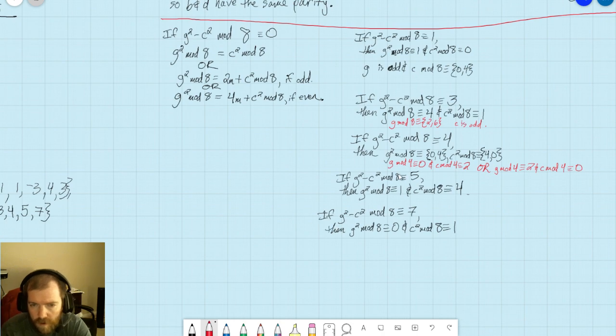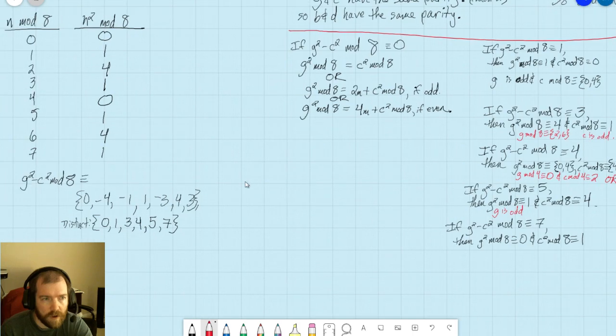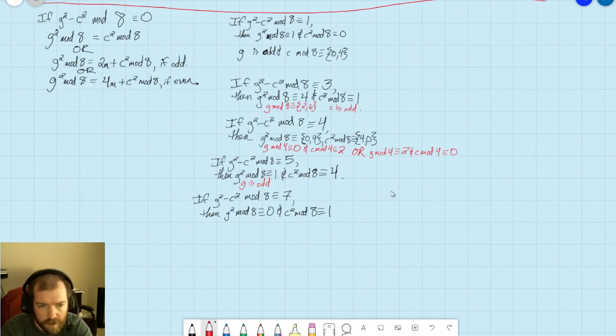Okay. G squared mod 8 is 1, so G is odd. And C squared mod 8 is 4. So it's only 4 when it's not divisible, so C mod 4 is 2. G squared minus C squared mod 8 is 7.